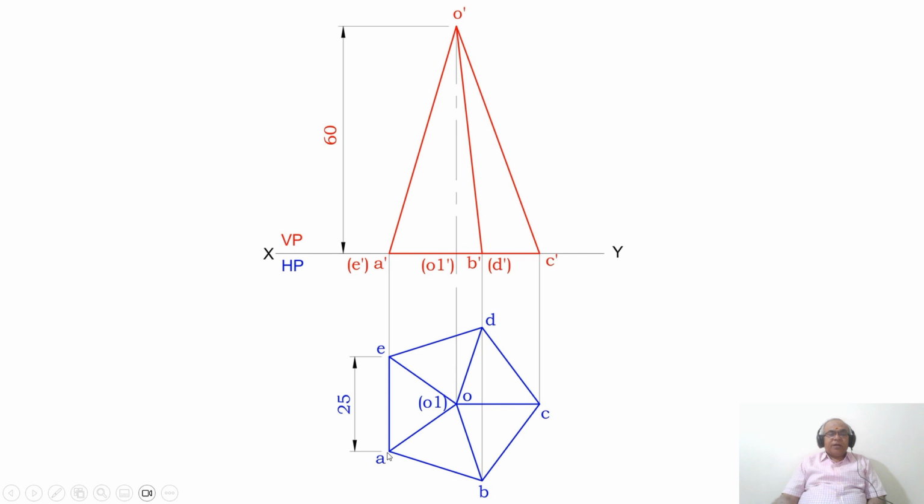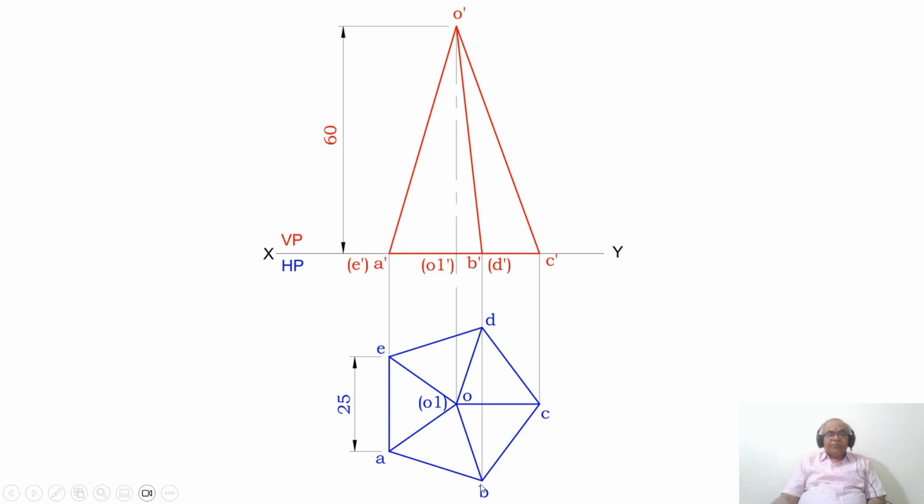Then by using the compass, you measure the distance of 25 with A as center and cut an arc on this line. Similarly, with E as center, cut an arc on this line. Then from this point, you again take a radius of 25 and draw an arc here, and with this as center, cut the previously drawn arc.